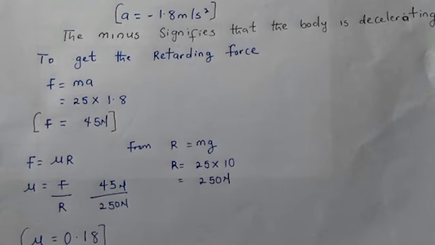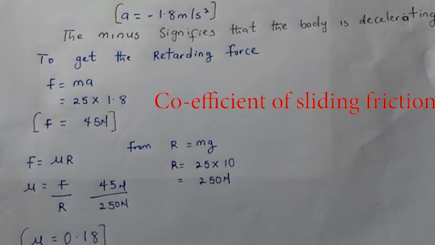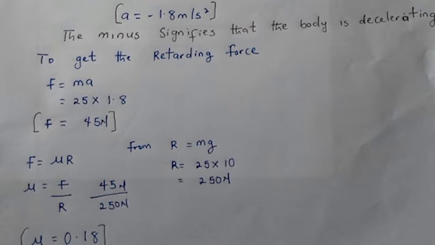From our frictional force, we know that the frictional force is directly proportional to our normal reaction, where mu is the coefficient of static friction, or it could also be the coefficient of dynamic or kinetic friction. The coefficient of friction in our case will be equal to F over R, F being the frictional force and R being the normal reaction.